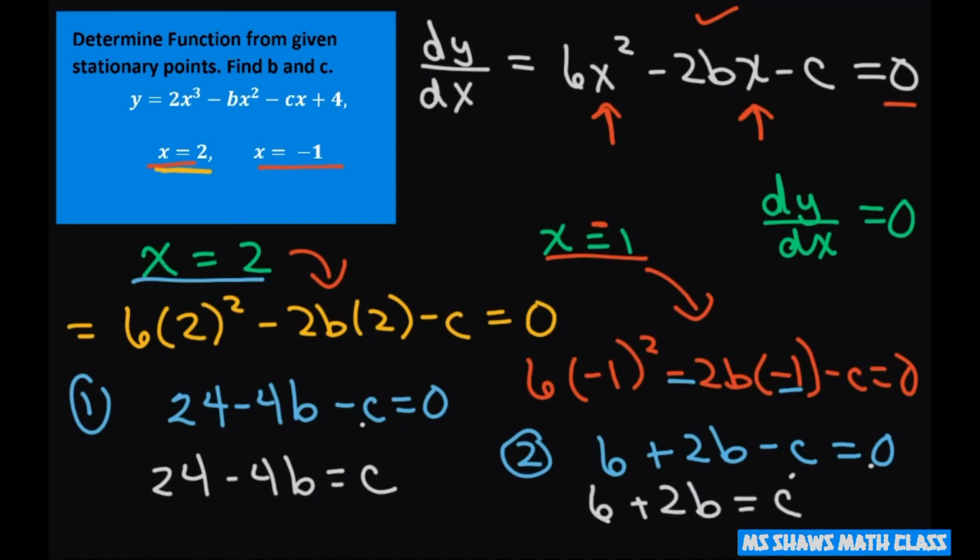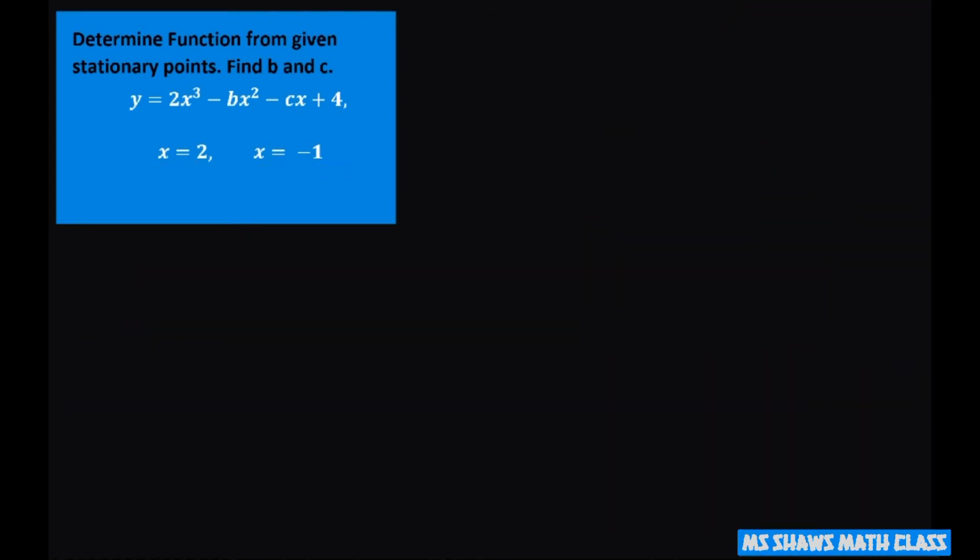So we have a simultaneous equation, or a system of equations, where we want our c's to be the same. So c equals c, and if c equals c, then you set these equal to each other. Now we have 24 minus 4b equals 6 plus 2b.